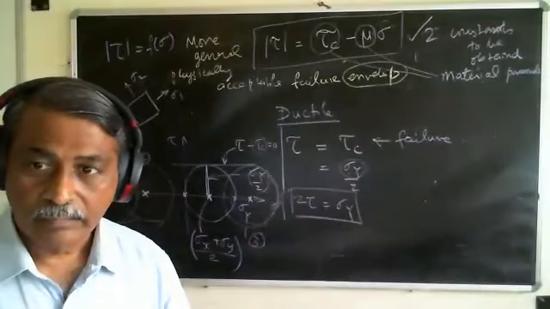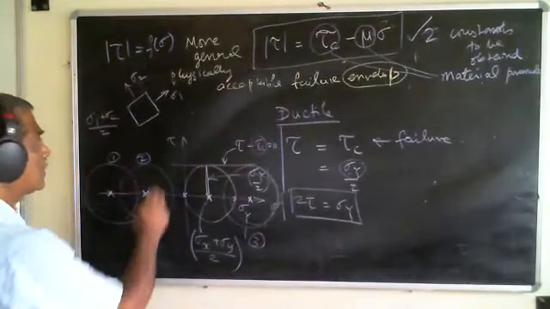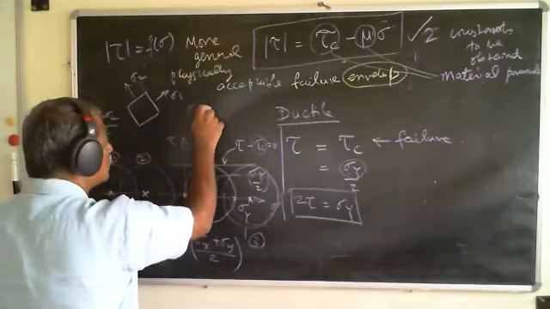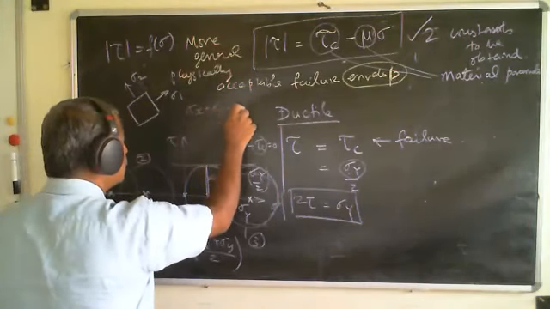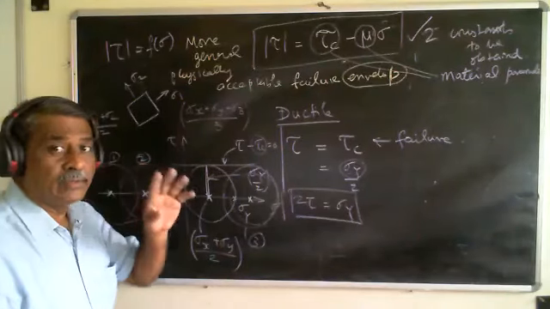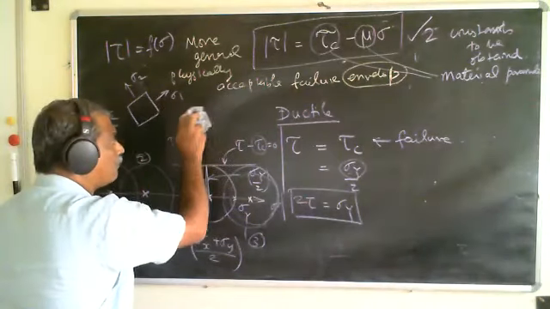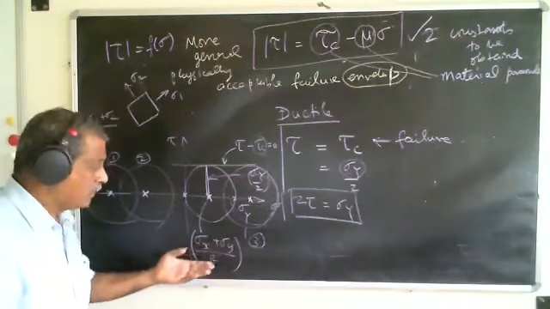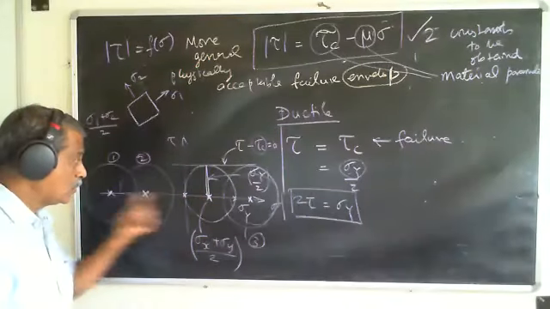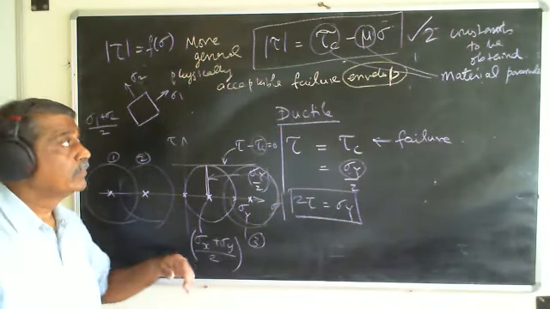Got it? Okay. In a three-dimensional scenario, this translates to sigma x plus sigma y plus sigma z by 3. I'll come back to this point much later, but just have a flag on this so that we understand this notion of whether we move it this way or that way, it does not matter.